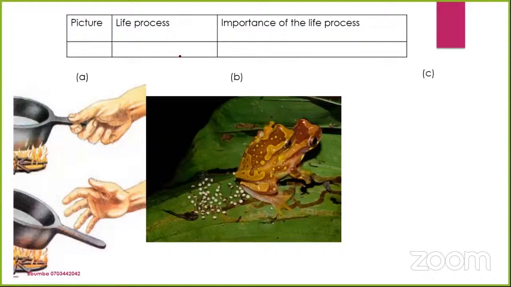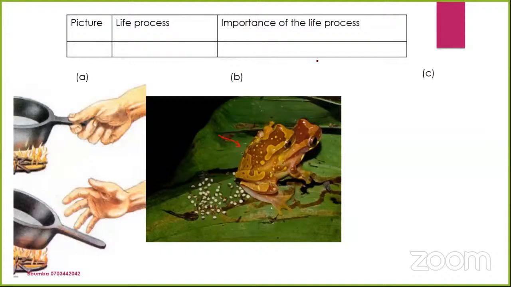Let me first mute these people that are making noise. Okay, so the upper one here is the male. As this female frog produces eggs, this upper male frog sheds sperms on them, and you can see these are eggs. So the moment the eggs are fertilized, then reproduction occurs.